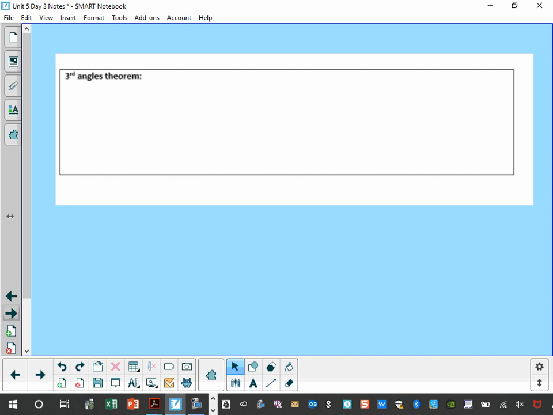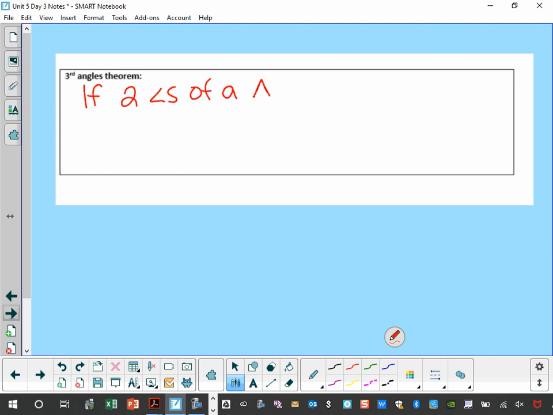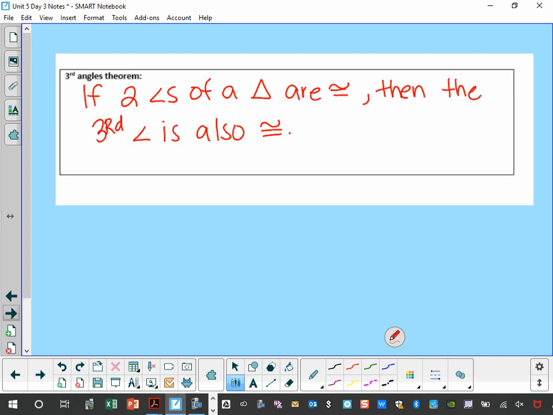All right, we're going to skip this for a second. I'll write it down, but what it basically says is that if 2 angles of a triangle are congruent, then the third angle is also congruent. I'm not going to test you on the third angles theorem.